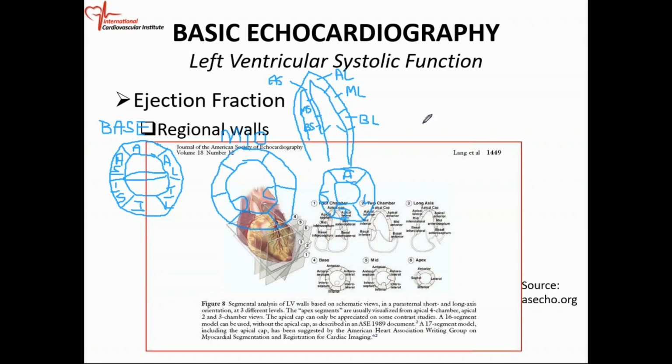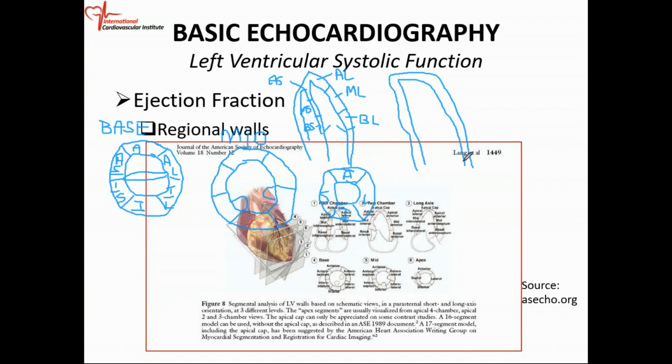All right. We can also divide the apical two chamber into segments. Remember what the apical two chamber looks like? Okay, so your apical two chamber looks something like this. Again, this is your anterior wall right up here, and this is the inferior wall.